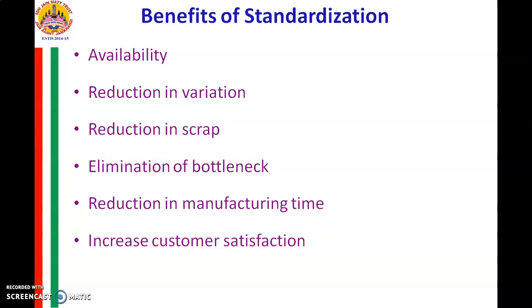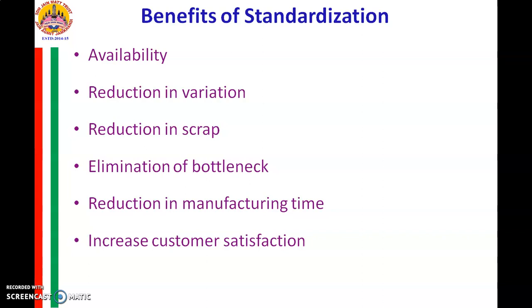The second advantage is reduction in the variation. We are manufacturing a component based on the rules set by the world, any international standards. Once we manufacture a product by taking the rules set by different countries, then definitely the variation will be reduced.